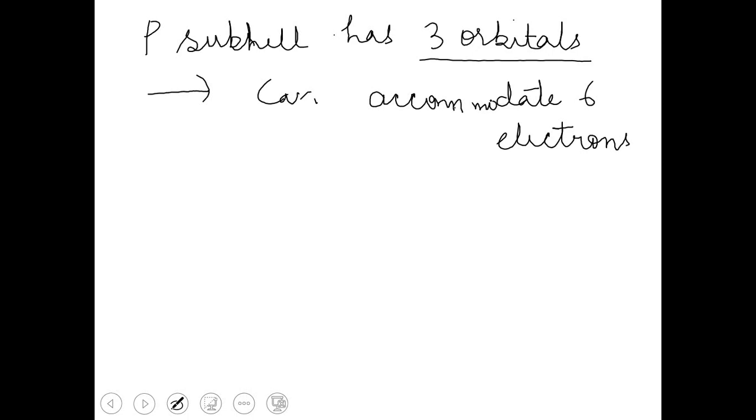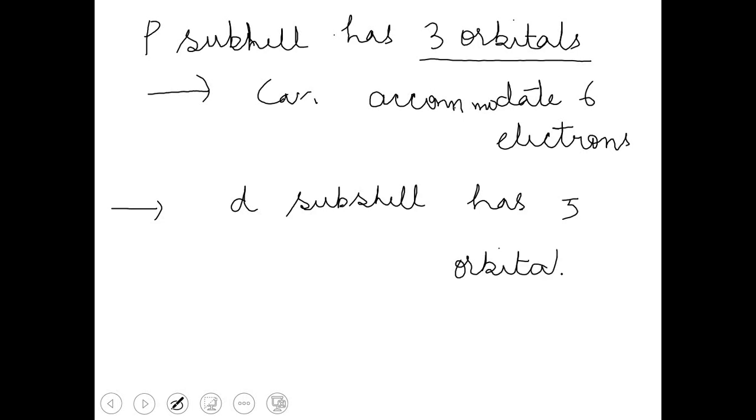Now I would like to discuss the d subshell. As you know, the d subshell has 5 orbitals and each orbital can accommodate 2 electrons.